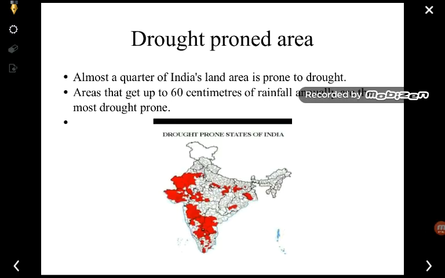The drought prone area, normally the area which you know that in our state like India, almost quarter of the land, Indian lands, they are prone to the drought. तो आप बोल सकते हैं कि 1/4 part of the land of India, they are prone to the drought, and it seems that these areas, they used to receive less than 60 centimeter of rainfall.